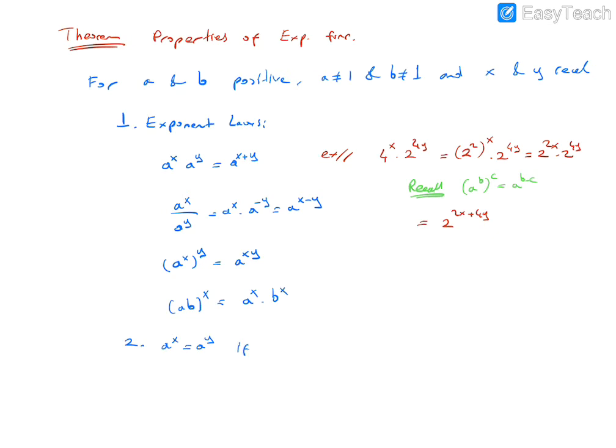So if and only if x and y are equal. If a to the power x equals a to the power y, this implies x and y are equal. If x and y are equal, this implies a to the power x equals a to the power y. Maybe this side is very clear for you.